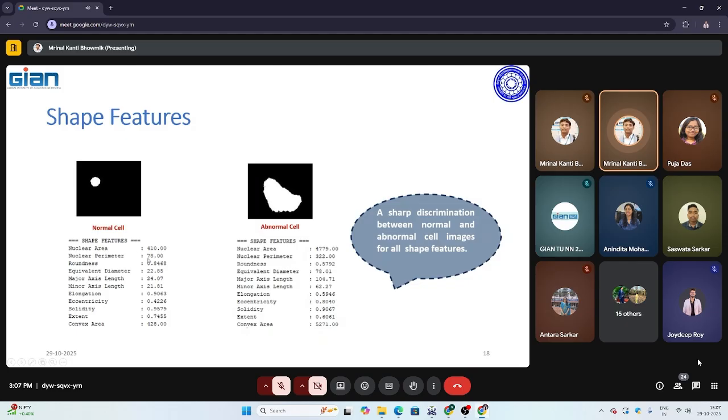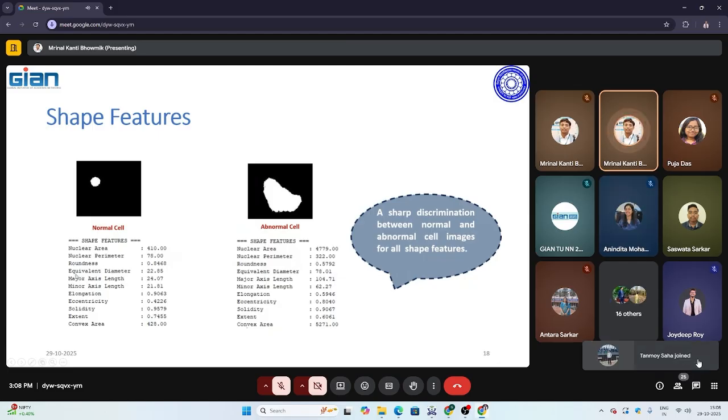For the normal cell it is 78, whereas for the abnormal cell it is 322, much higher than the normal one. The roundness value of the normal cell is closer to 1, that is 0.84, whereas for the abnormal cell it is 0.57, much farther from 1. That is, 1 means perfectly circular.